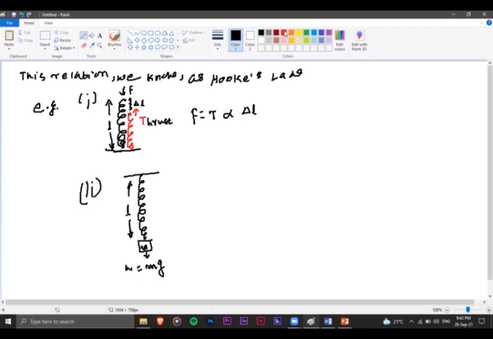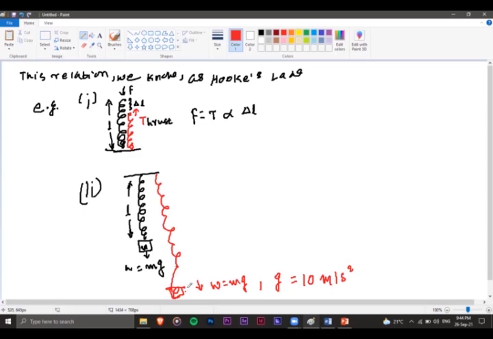Then in that case, instead of the compression, your spring will go further like this till here due to this weight, and weight is acting vertically downward with value mass times acceleration due to gravity. And here we take the g value as 10 meter per square second.